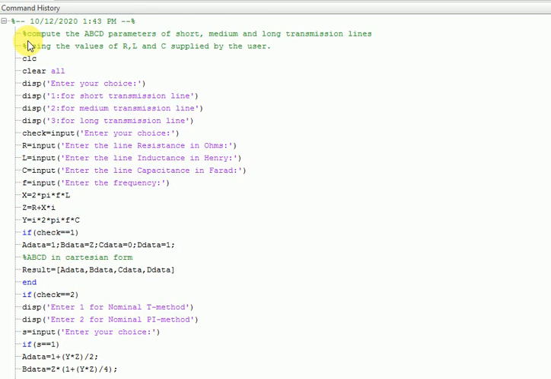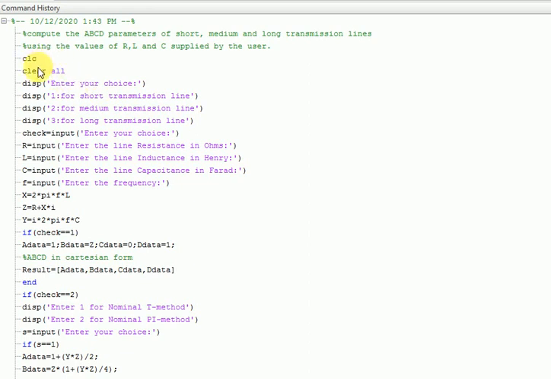So the comment says: compute the ABCD parameters of the short, medium and long transmission line using the value of R, L and C supplied by the user. Here we are going to feed the values of R, L and C as per our requirement, and for that we are going to find out the ABCD parameters for the given program.